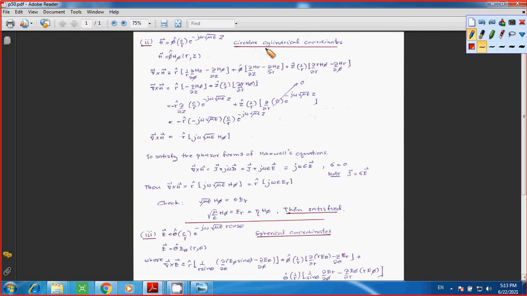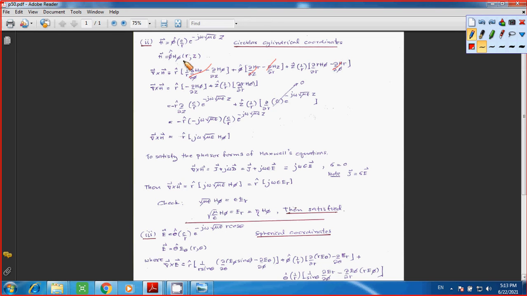For circular cylindrical coordinates, your curl H becomes this term. For the H given, you have H only in the phi component, and your H phi depends only on r and z. So by considering this term curl H, you have only H phi, so this term drops, this term drops, this term drops, and this term also drops.